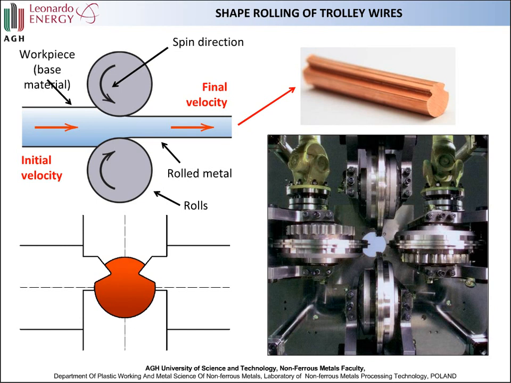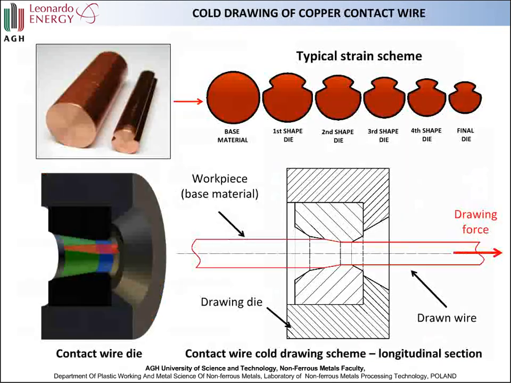But the most popular and mostly used method is a pure cold drawing process of copper contact wire. Starting from the base material, we can see a typical strain scheme. And in this method, the grooves of the wire are being created partially in every single step of the process.